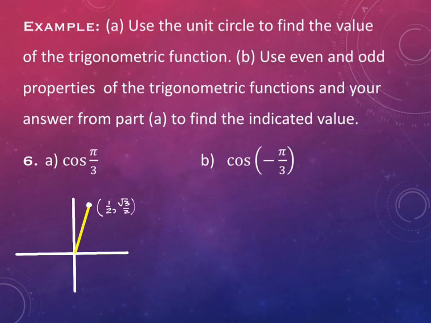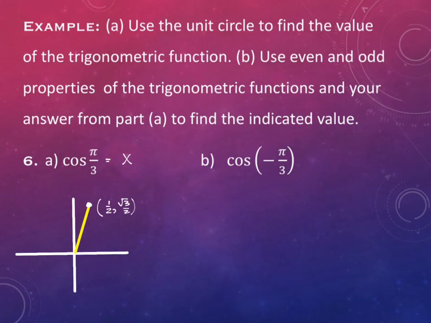Yeah. And because we're in quadrant 1, everything's positive, so that's very friendly. So cosine. How do I use the x and the y to find what the cosine value is? Well, what is cosine? Cosine is just x. Okay, so all I need is the x value.